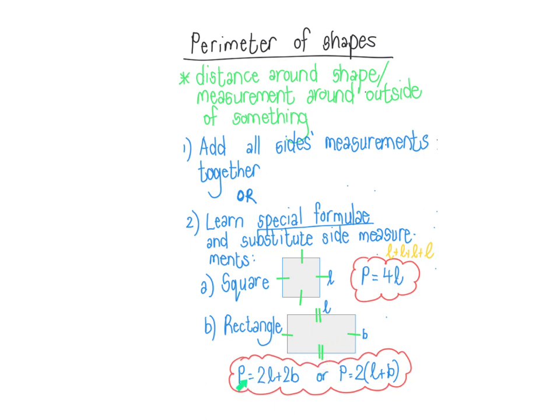So the way we calculated would have been, if we add all the side measurements together, length plus breadth plus length plus breadth, then we would have ended up with 2 lengths and 2 breadths or widths. Then the perimeter is 2 times each of these, so it's the same thing. We're multiplying both the length and the width by 2, so therefore it's 2 times both the length and the width.